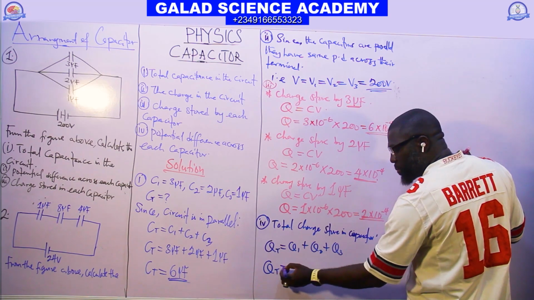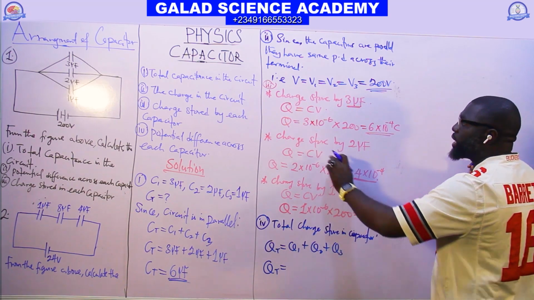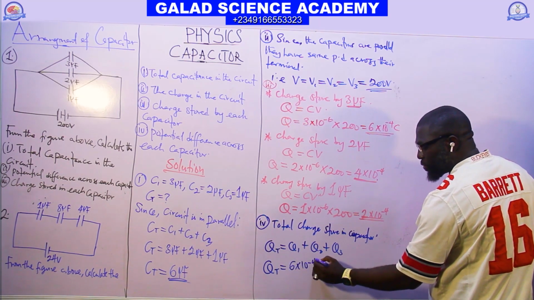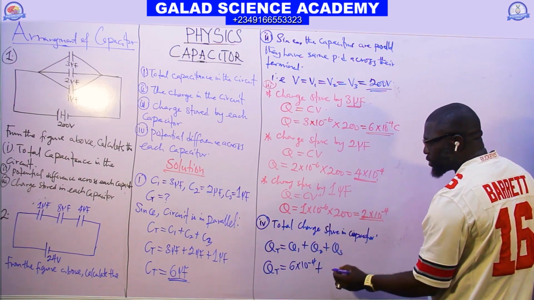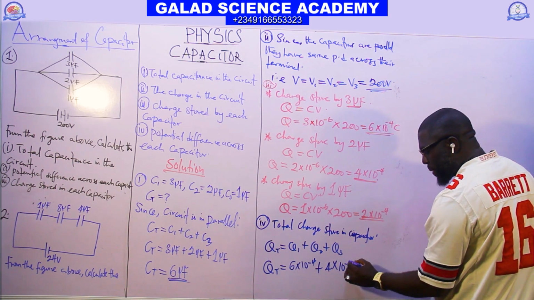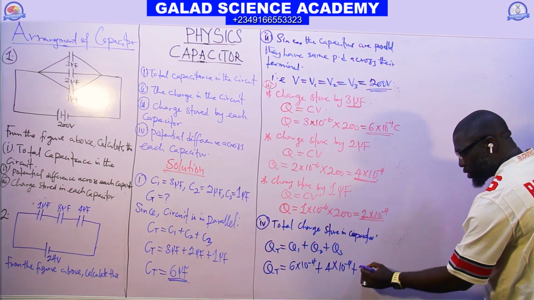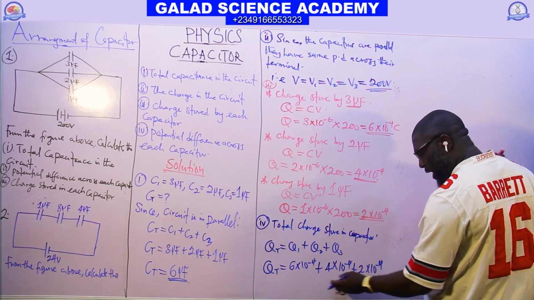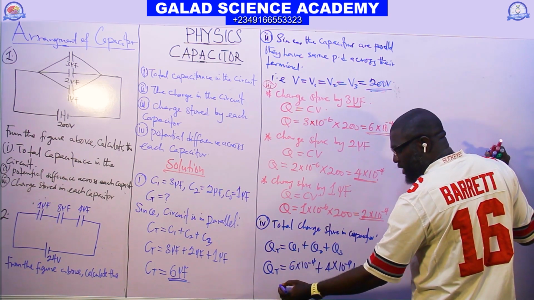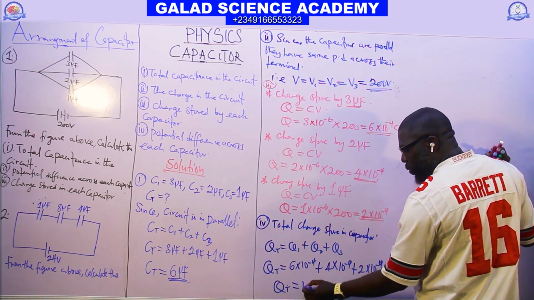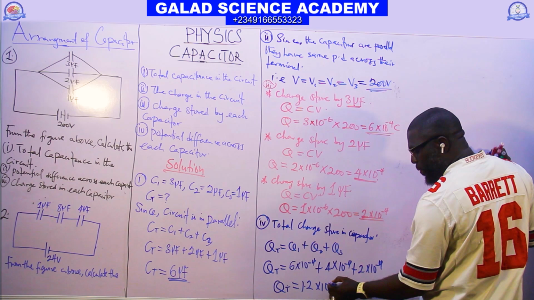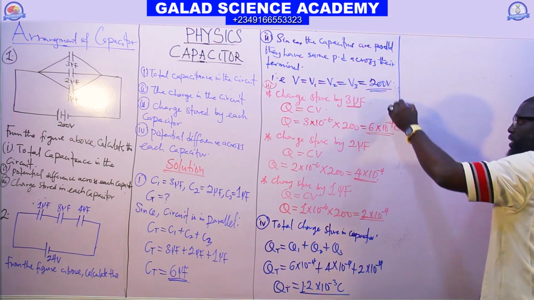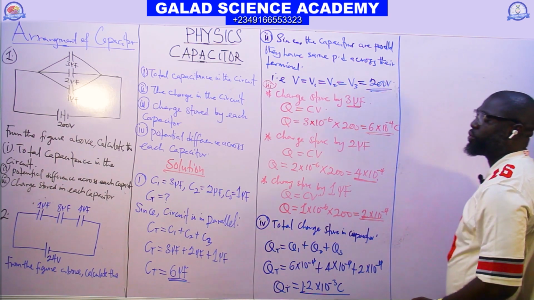So the total charge will be the charge of the first capacitor, which is 6 times 10 raised to the power minus 4, plus 4 times 10 raised to the power minus 4, plus 2 times 10 raised to the power minus 4. If you add everything together, the total charge gives us 1.2 times 10 raised to the power minus 3 coulomb. That is the solution for this first question.